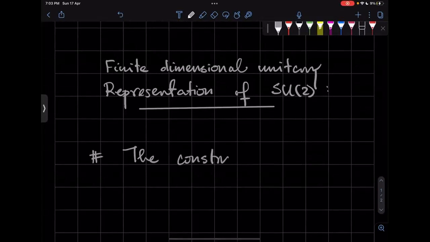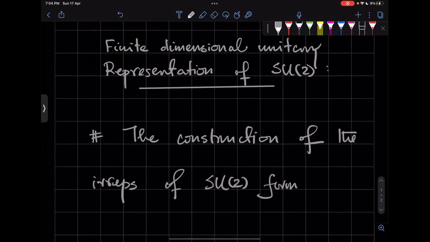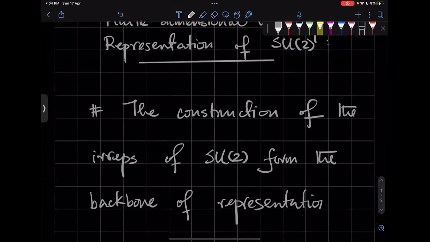The construction of the irreducible reps of SU2 form the backbone of representation theory.